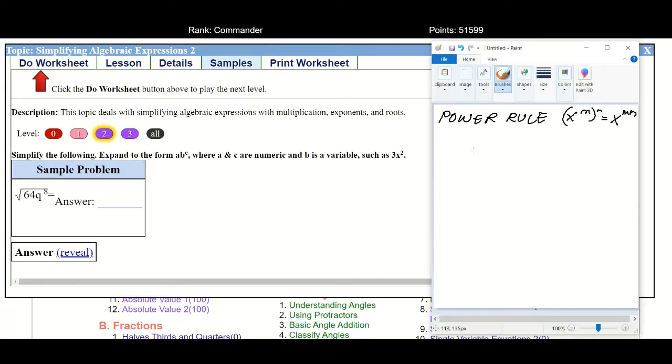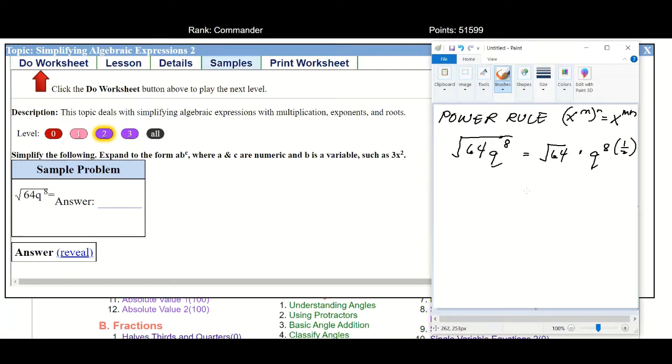So, 64 q to the 8th power, kukunin natin yung square root niyan. We get the square root of 64, and then yung q natin, q to the 8th, raised siya sa 1 half. Actually parehas raised to 1 half yung 64 at saka yung q to the 8th.